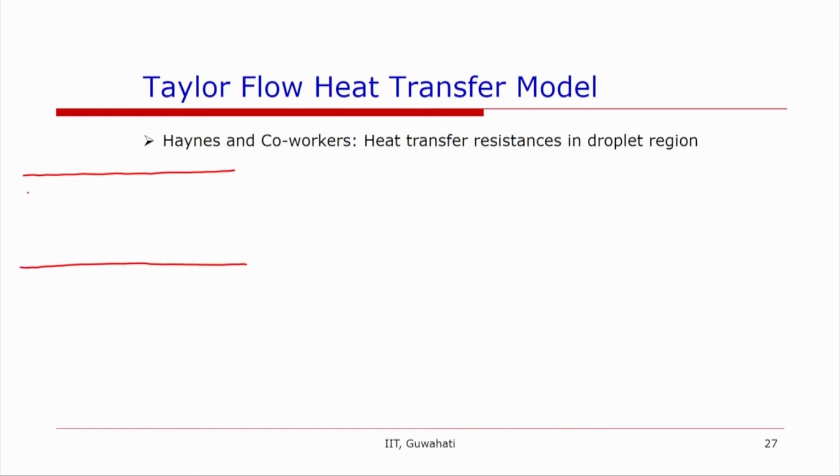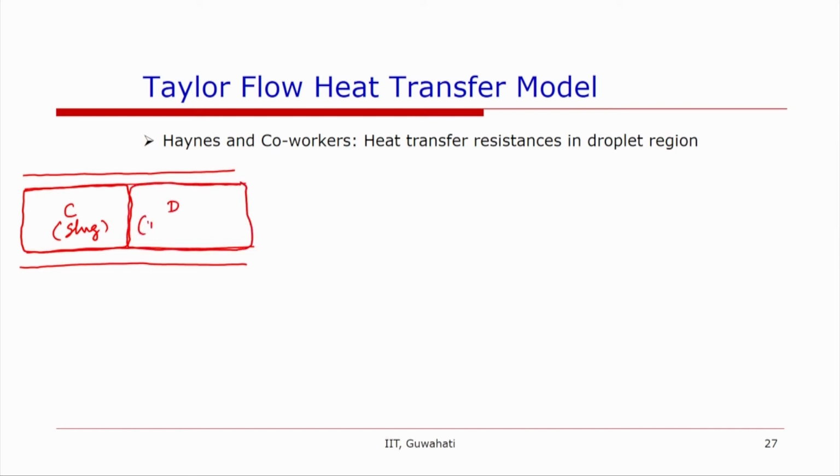We have a continuous film in which there is a stream of continuous phase, which is slug, and disperse phase, which is drop or bubble.